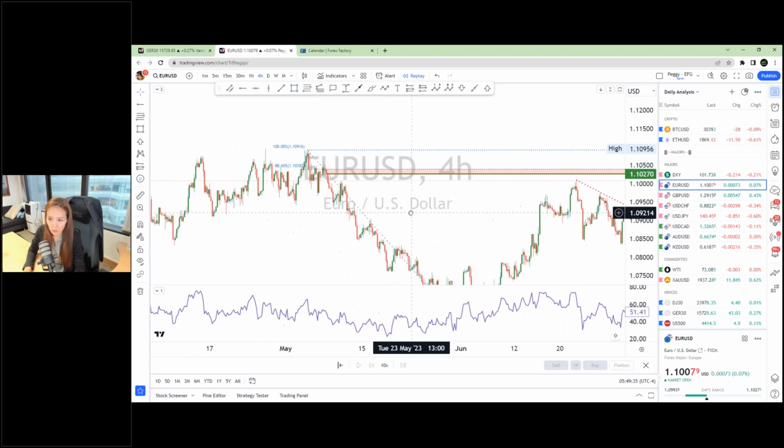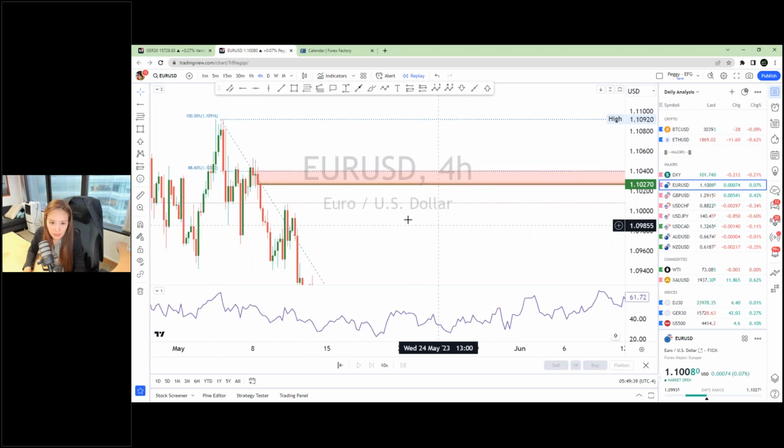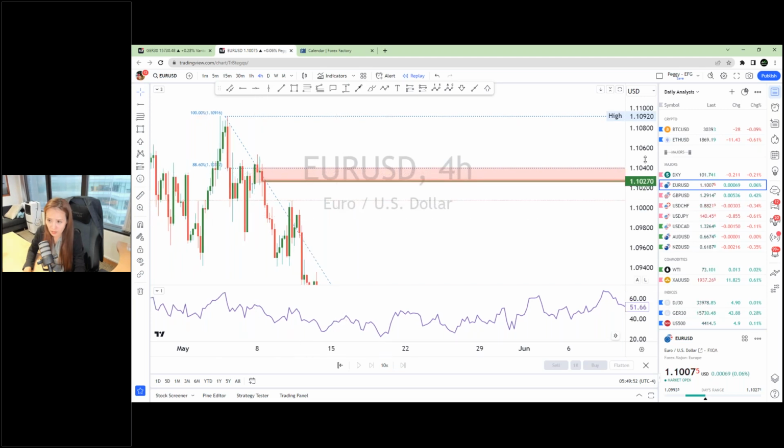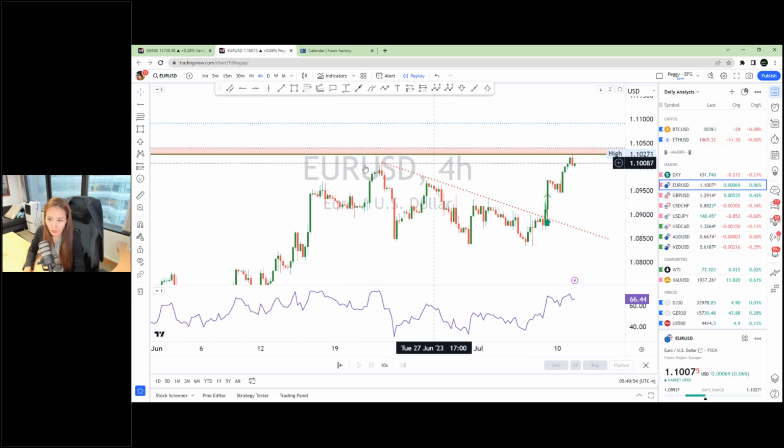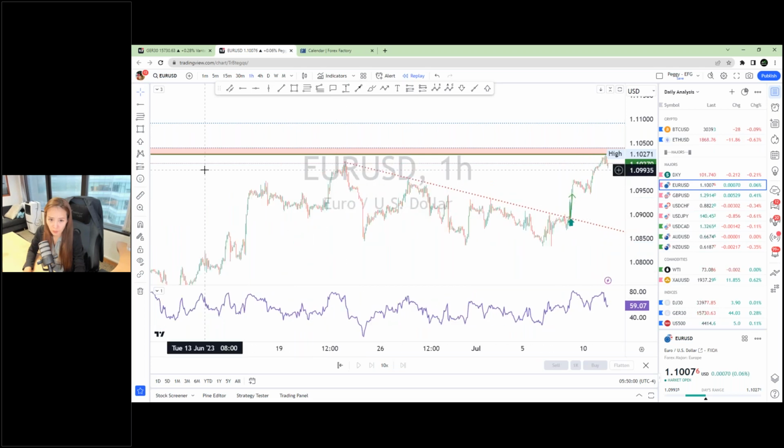When you zoom in on H4, you know that this is a base, a drop-base, or a hidden supply zone here. If this is your zone in H4 but you want a sharp entry, you just go to the lower time frame and move to the left.